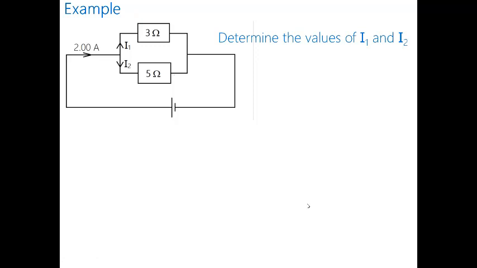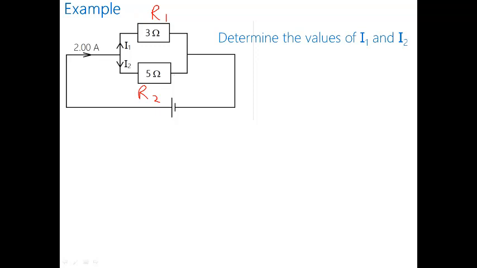Look at this example. We have a current of 2 amperes that splits up into I1 and I2. So the question says, determine the value of I1 and I2. Now, let us call the 3 ohms resistor R1 and let us call the 5 ohms resistor R2.